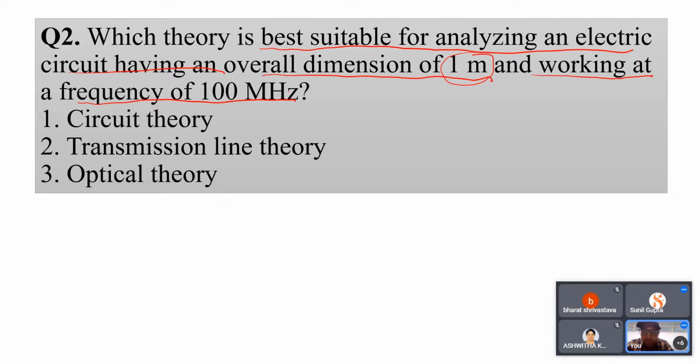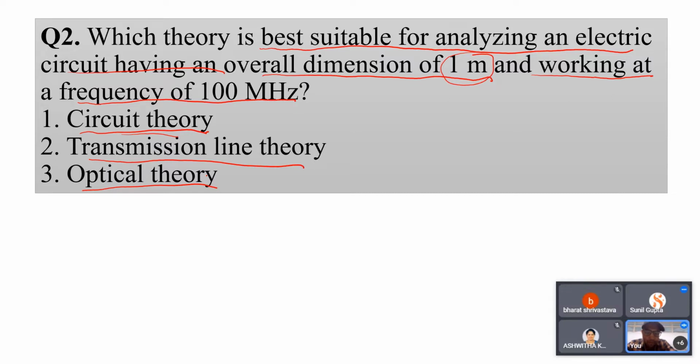The options are the basic electric circuit theory, that is traditional circuit theory, transmission line theory, and optical theory. Which theory is best suited?